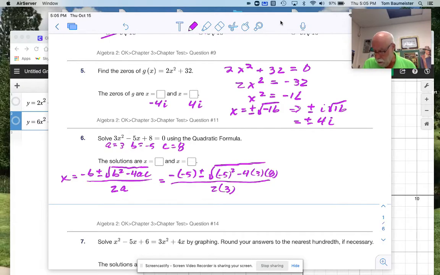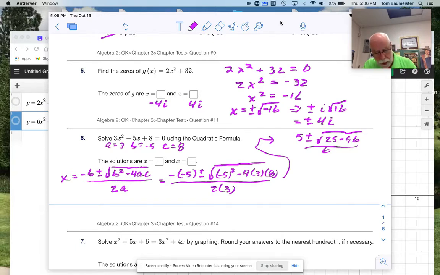Okay, so now I'm going to go up here because I'm going to start running out of room. So I'll have 5 plus or minus, let's see, I'm going to tell you 25 minus 96, all of that over 6.